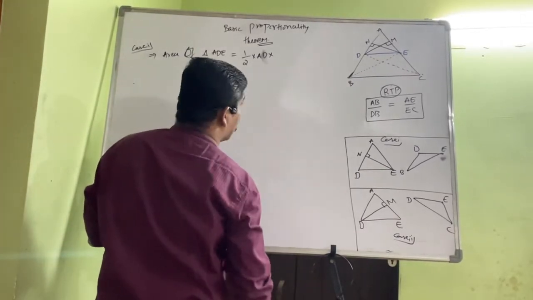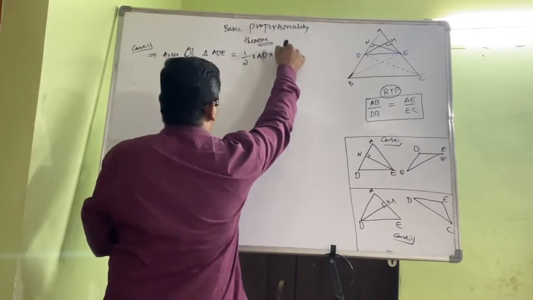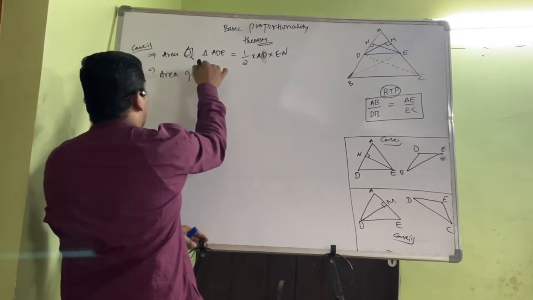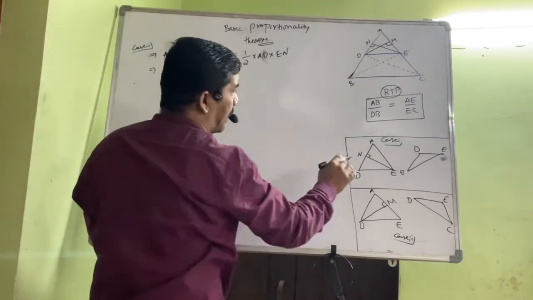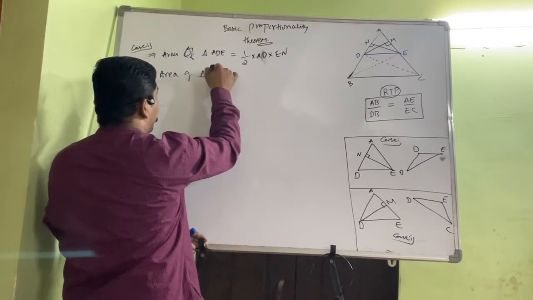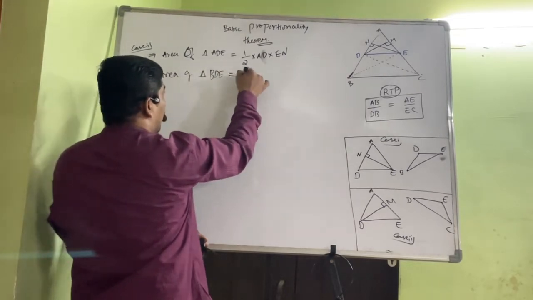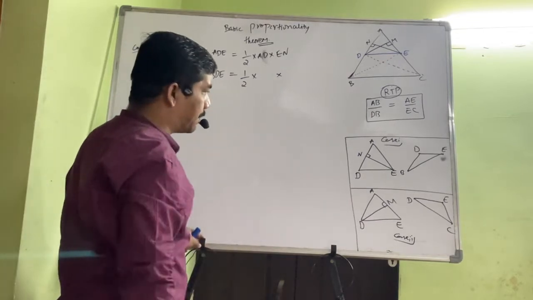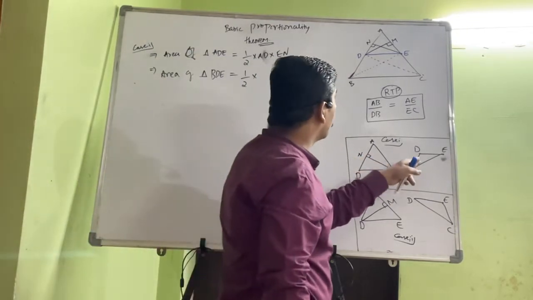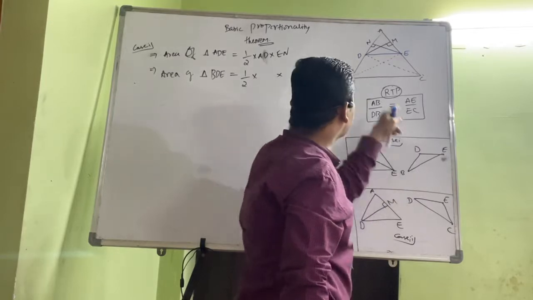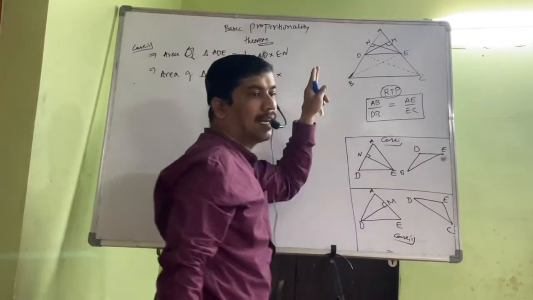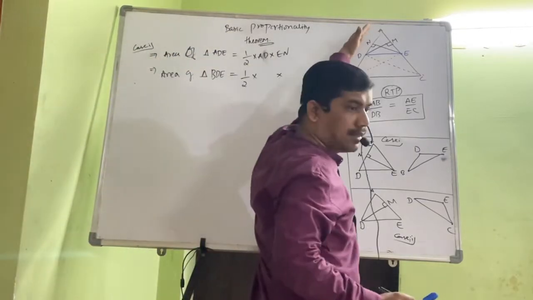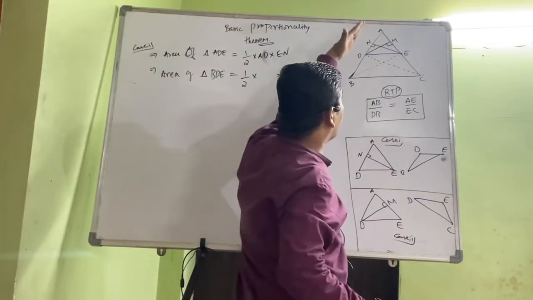Half into base into height. Height is EN. Next, area of triangle BDE. BDE. Half into base into height. Now look at, here its base is BD. Height you have to take the same because overall this is on the same AB now. This triangle and this triangle are on the same AB.